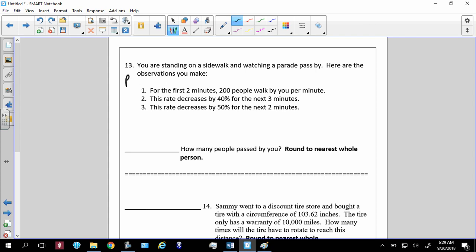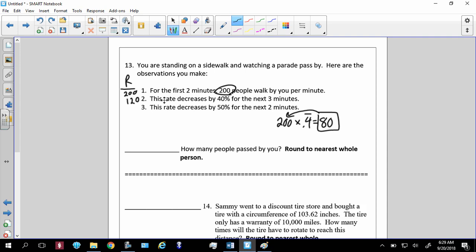You observe, you're standing on the sidewalk. Remember, the rate is 200 people a minute. This rate decreases by 40%. So off to the side, 200 times 0.4. When I do that, I believe I get 80. That's not my answer. I'm subtracting it from 200. Guys, it's the same setup every single time.